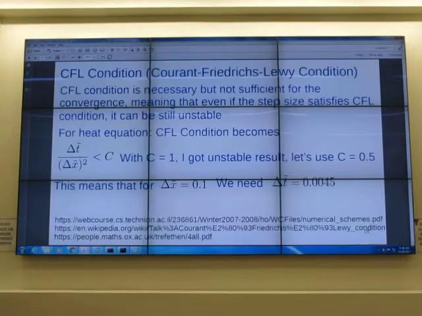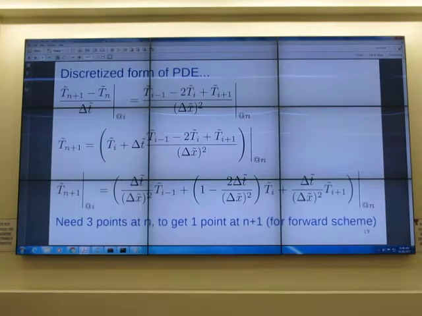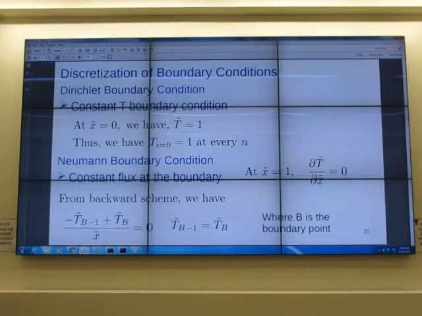If you do the formula after the discretization, you get t b minus 1 equal to tb. This part actually has to be delta x tilde, not just x tilde. You got it? So this is a backward scheme for the boundary condition. Make sense? Maybe too easy.